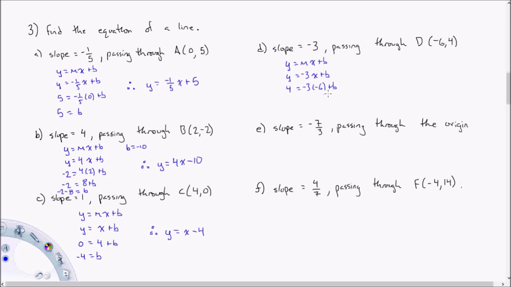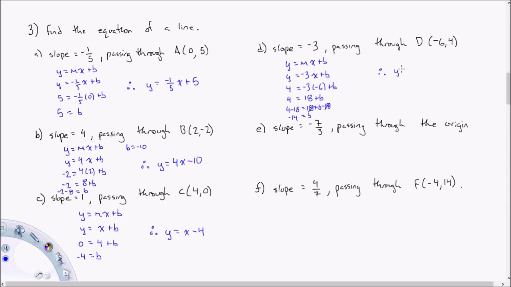And now we can rearrange and isolate for b to find out what the b value is. So 4 is equal to negative 3 times negative 6, which is positive 18. Now we want to subtract 18 on both sides. So 4 minus 18 is equal to 18 plus b minus 18. 18 minus 18 is 0, so we've isolated for b, where b is equal to negative 14.